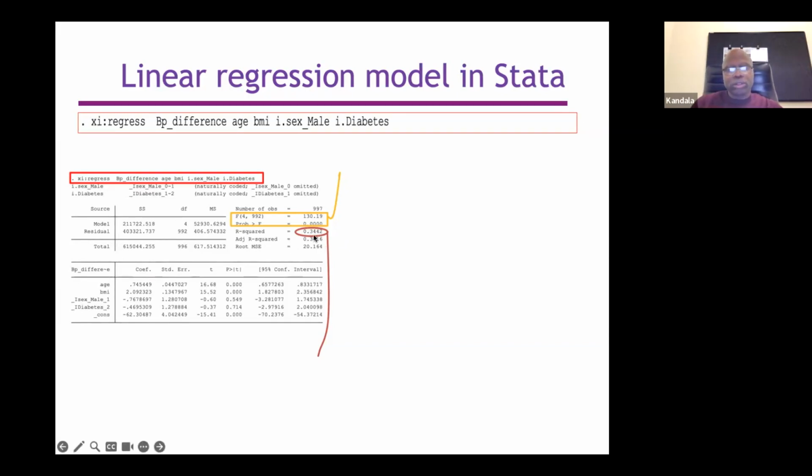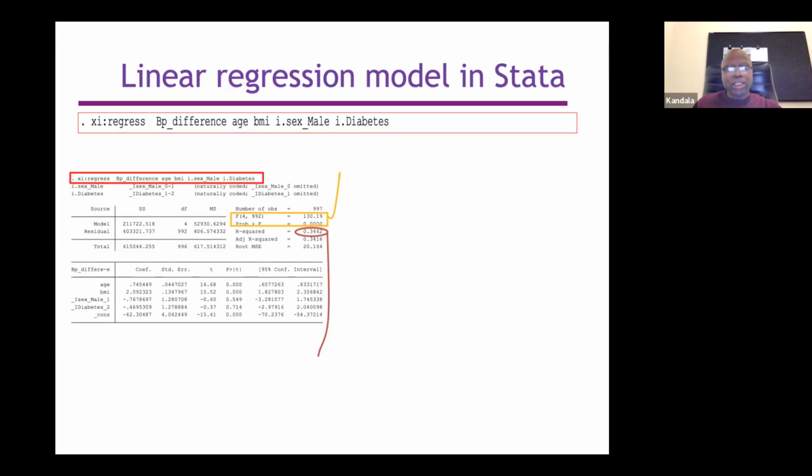So we can see that the variables we have added have increased our precision of what we know about the difference in blood pressure.